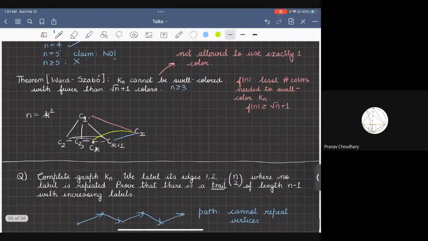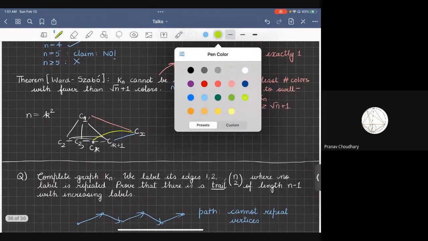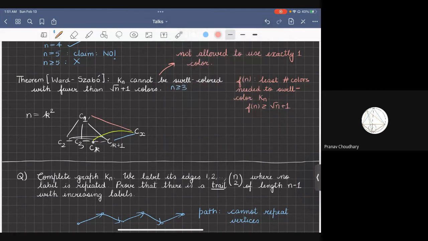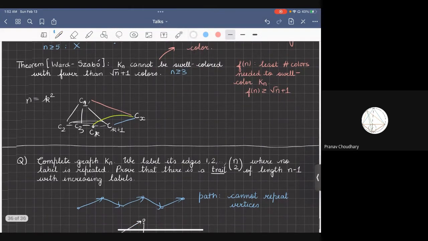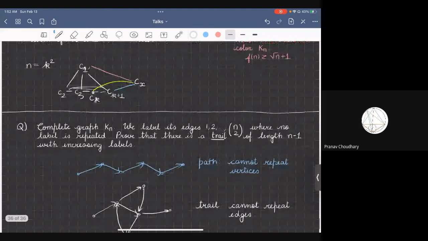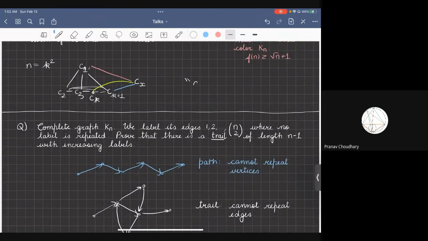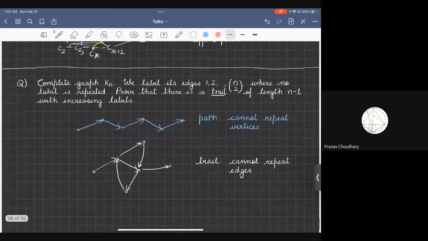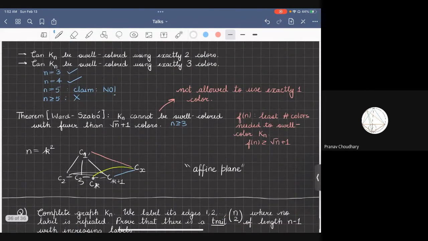Just a note on the previous problem: if you know about something called affine planes, then it's related to the construction. If you want to know about the construction immediately, you can look into what affine planes are. But I'll try to put a problem where we get some sort of closure that this is optimal.